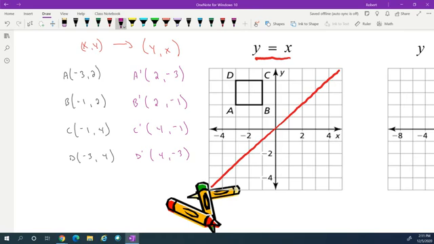Now let's plot our points. 2, -3. So 2, -3. And that's our A prime. 2, -1 for B prime. C prime is at 4, -1.